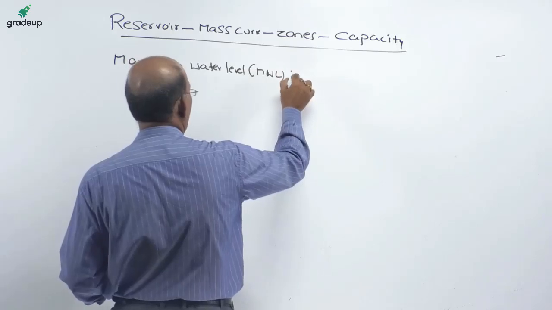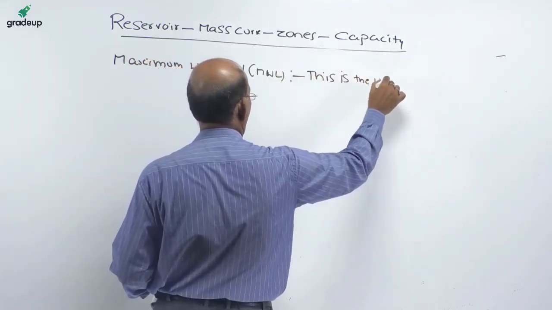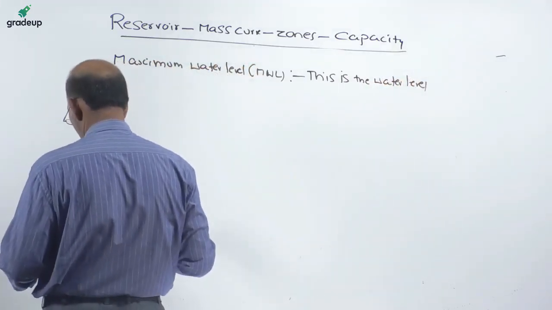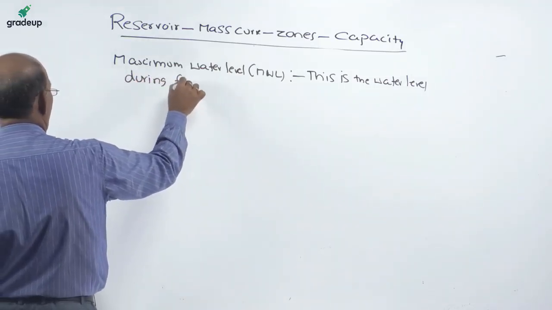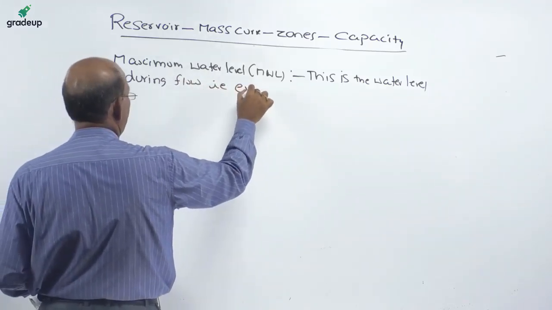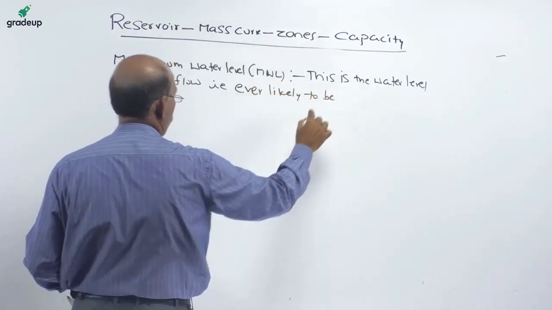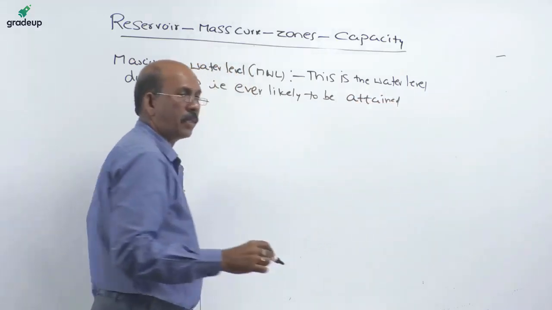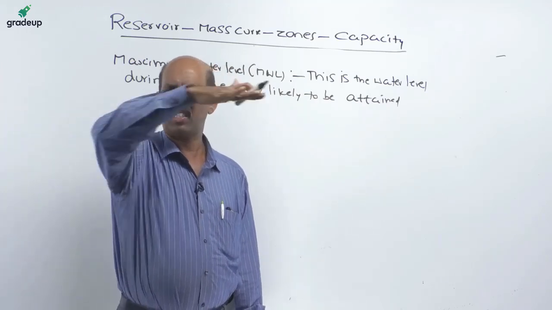This is the water level during the flood that is ever likely to be attained. Means this is the highest level, HFL, highest flood.